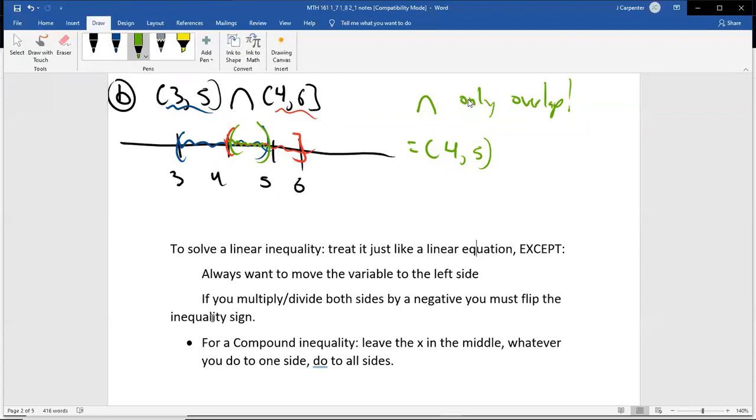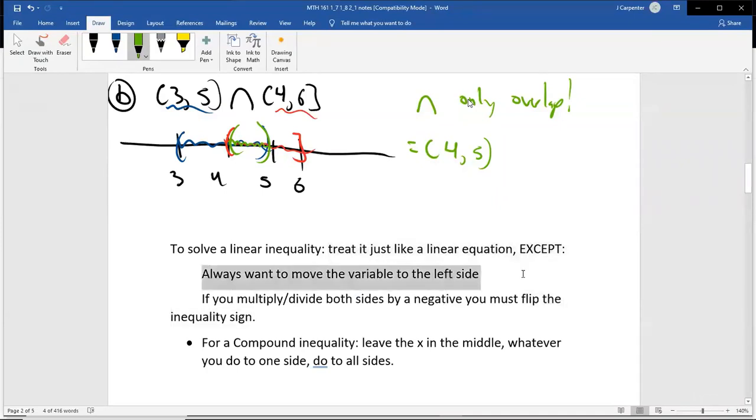And what that means symbolically is I spin around 180 degrees. Whenever you multiply or divide something on a number line by a negative, you are flipping the number line 180 degrees. Negatives are positive, positives are negatives. So that less than orientation has to change with you, or vice versa. So should you ever multiply or divide both sides by a negative, you will have to flip the inequality sign. That is the one major difference in these.